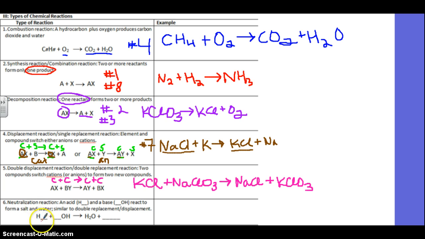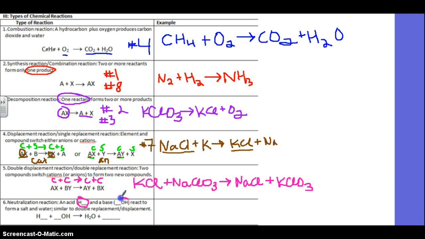Number 6, neutralization, looks really similar because you're going to see a compound and a compound, making a compound and a compound. However, I have really specific compounds here in neutralization. It says an acid. And an acid is something that begins with hydrogen, except for water. So like H2SO4 or HCl or HNO3, those are acids.